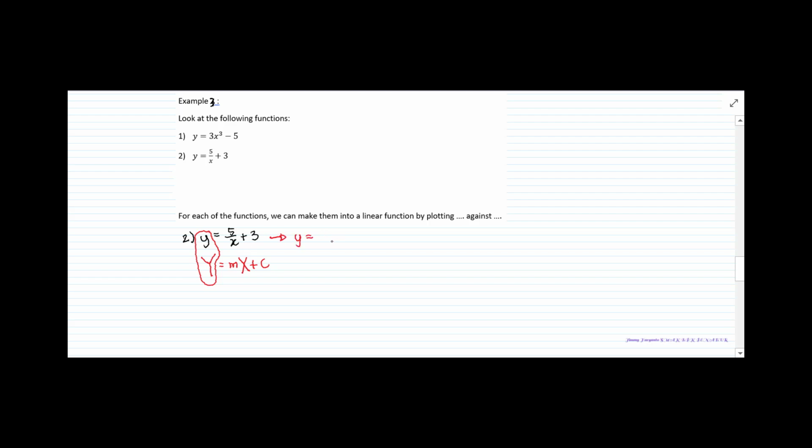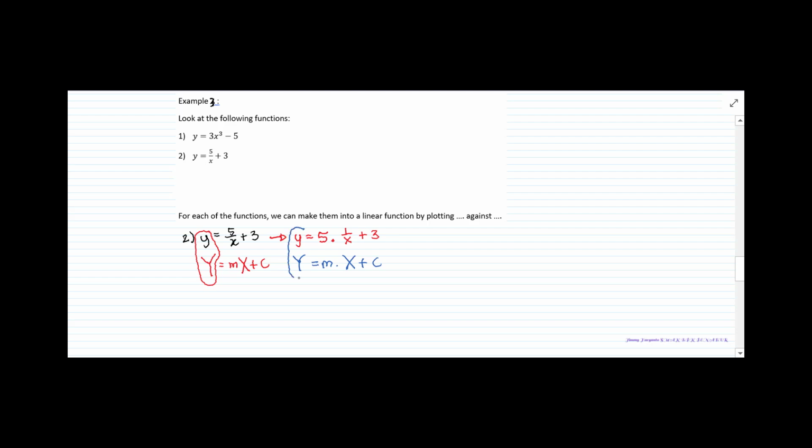I can separate the 5 and the x by writing 5 times 1 over x plus 3, right? Then we compare again with y equals mx plus c. Now it's already the same.